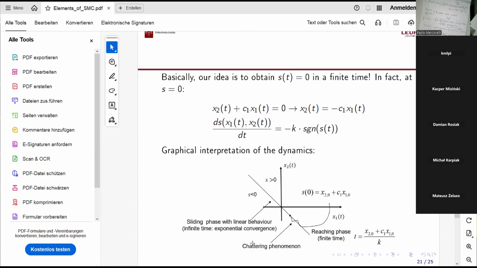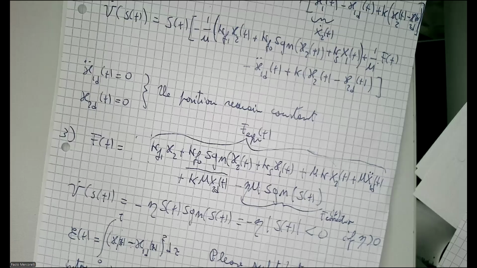Because if the relative degree is one, the surface or the error represents basically directly the goal. The goal is error equals 0 if the surface is the error, because the relative degree is 1, it's not 2. The surface represents directly the goal, and I oscillate around the goal. Here we oscillate around the surface.